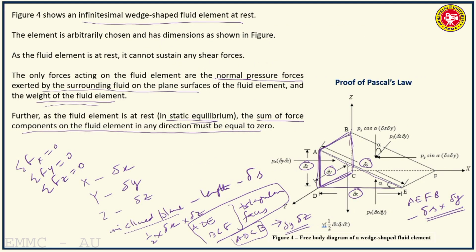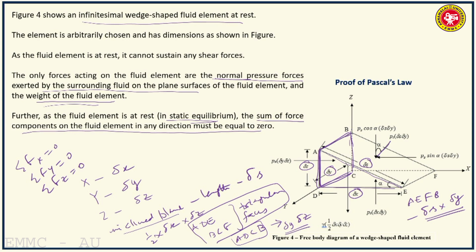Then the other force which is acting along the x axis, that is in the negative x direction, is on the face, suppose if you take the inclined face, that is ABFE or AEFB. Now the pressure force, because of the surrounding fluid, the pressure intensity will be acting normal to the face, that is at 90 degrees to the face ABFE.